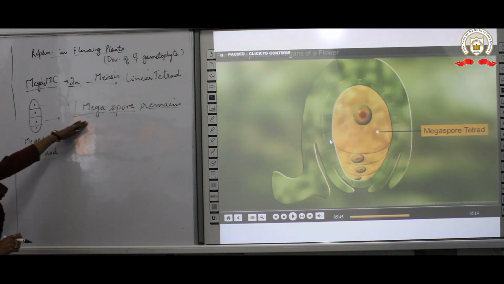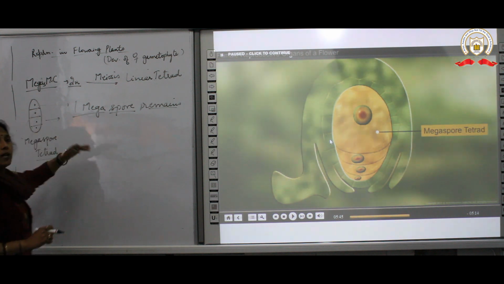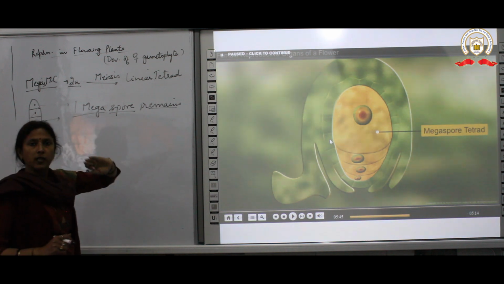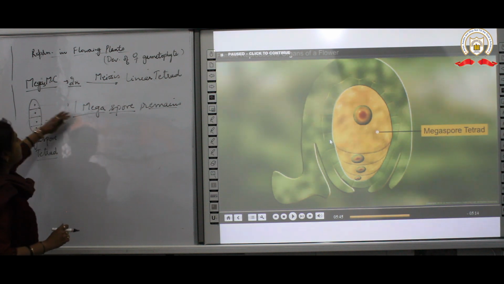Why is there degeneration of 3? Because the female makes maximum contribution for the development of the embryo. So 3 of the megaspores are degenerating and only 1 is staying.